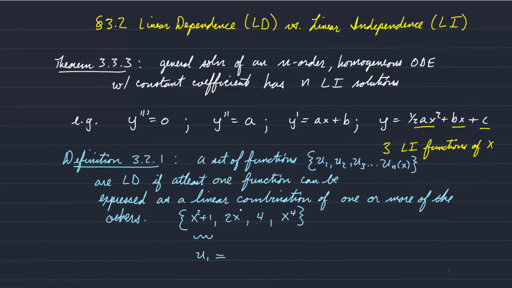Sorry, I meant the second function is 2x squared. I need that to show an example of a linear dependence.